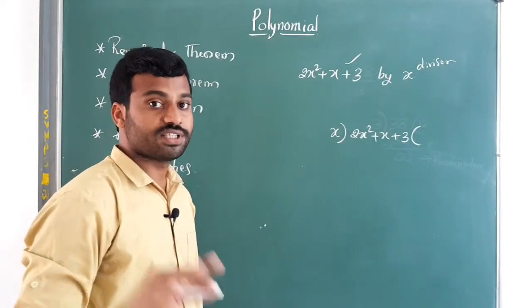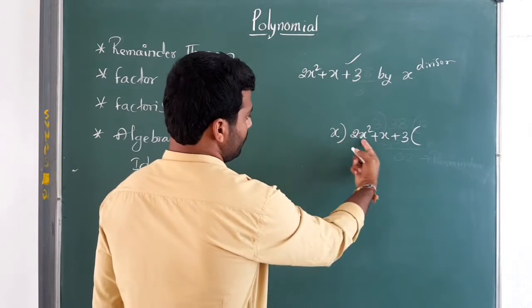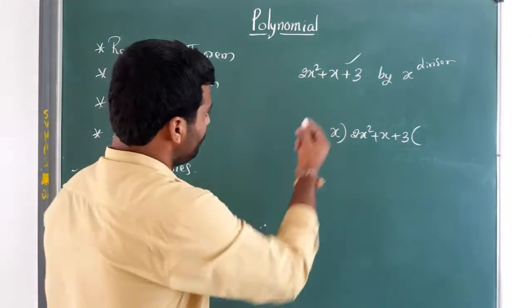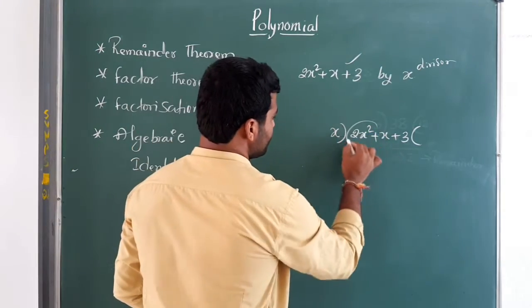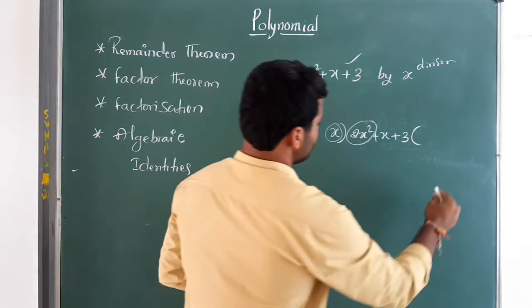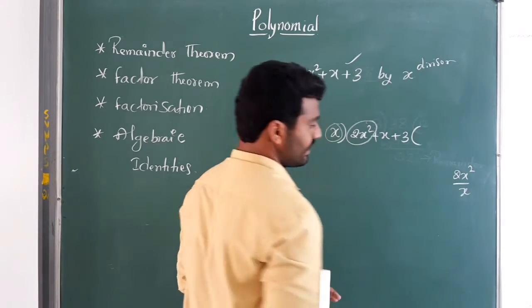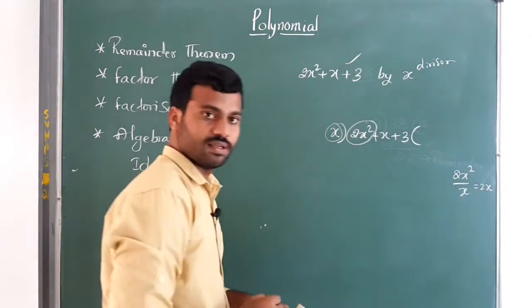First thing you have to do, we have to take the leading terms and divide, or else you can go with the normal division also. Here this is the leading term, and in the divisor only one term is there, so go with the same division: 2x square divided by x. So what did you get? 2x, correct or not?